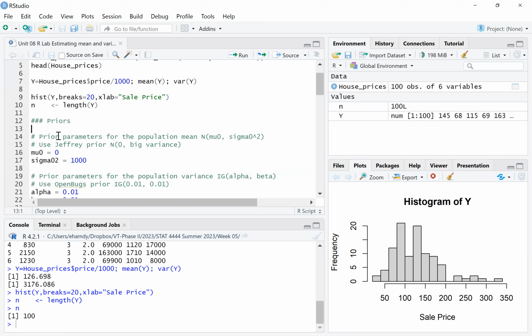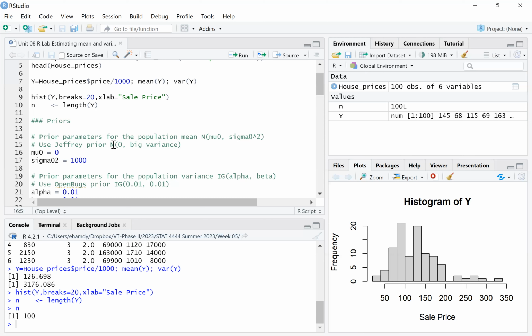The first step is to assign prior distributions. So let's assign a prior distribution for the mean and a prior distribution for the variance. Let's assign a Jeffreys prior for the population mean. The prior for the population mean is normal with mean 0 and a big variance. A big variance means much variability, much uncertainty, and less information.